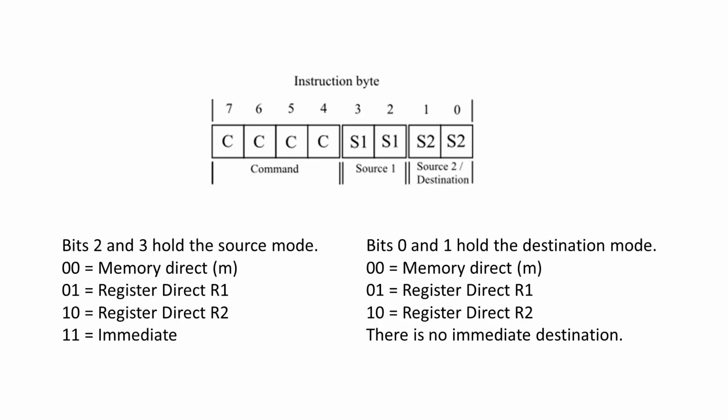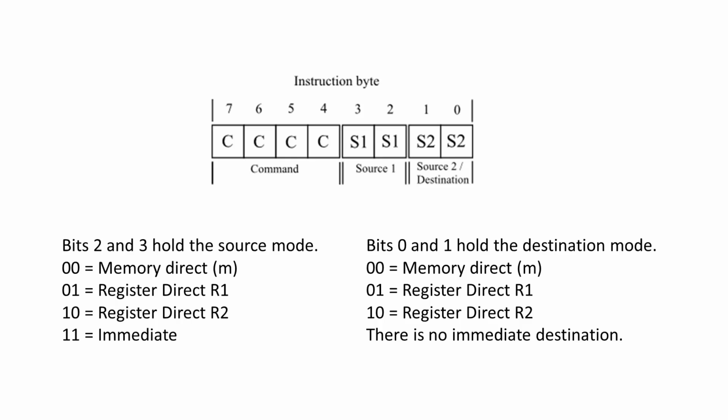You'll see as we go through the steps how it knows which byte to take. Then we've got register direct R1, so the destination could be R1 or R2. There's no immediate on the destination because you don't want to move into the next byte in the program, because you'll be overwriting your program.